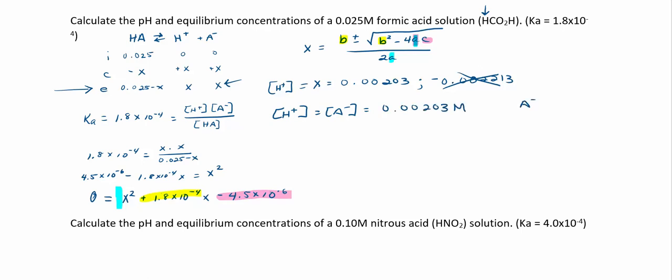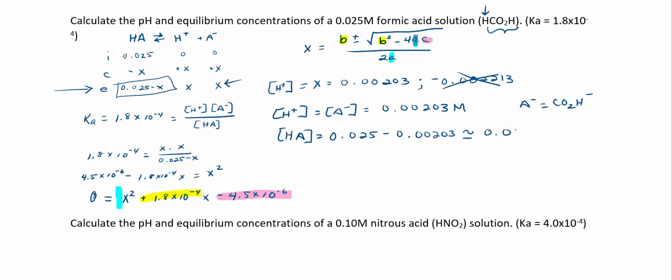Now that A- is going to be the conjugate base here, so the formate ion. The concentration of my weak acid is going to be, using this equation here, 0.025 minus X, and I get a concentration approximately equal to 0.023 molar.